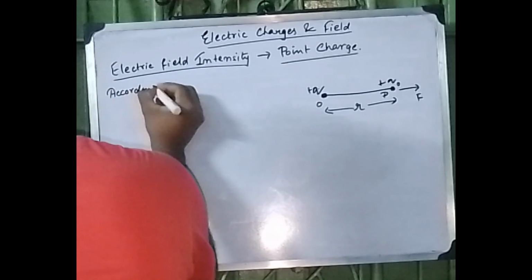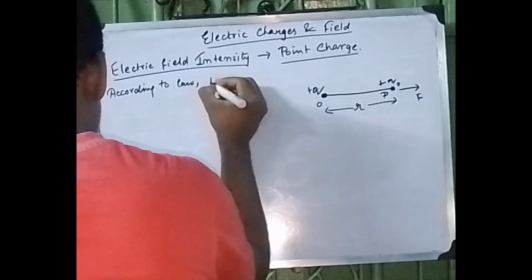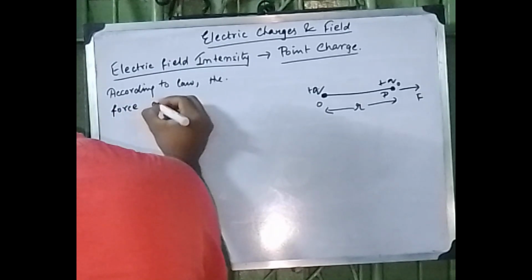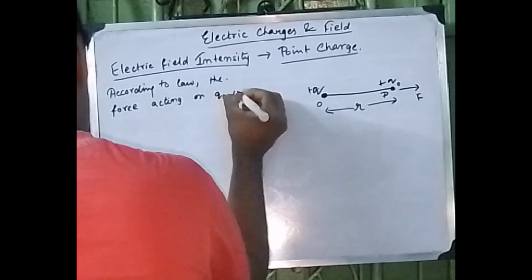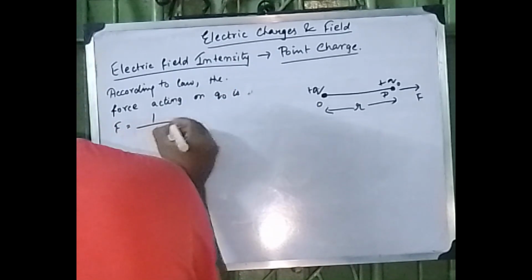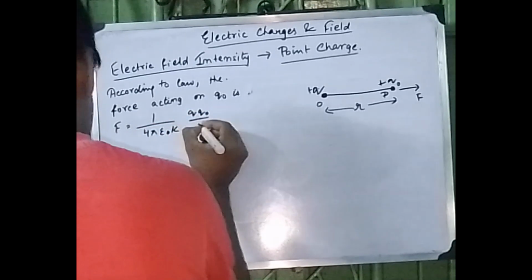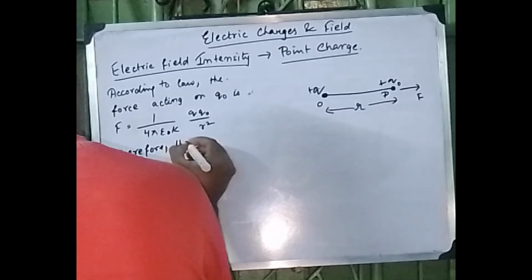Suppose an isolated point charge of plus Q coulomb is placed at a point O in a medium whose dielectric constant is K. Then, according to Coulomb's law, the force acting on Q naught is F equals 1 by 4 pi epsilon naught K, Q Q naught divided by r square.